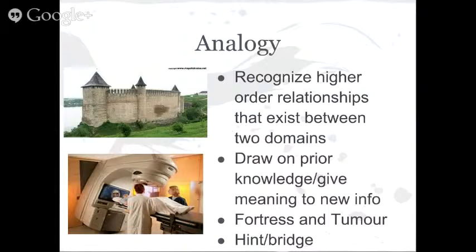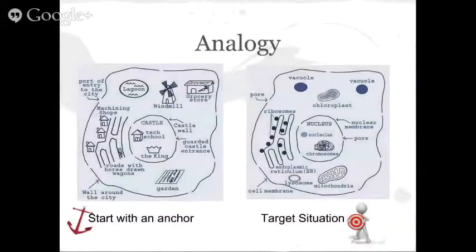So if we link that to science education at the secondary level, we can see the use of analogy with learning something like cell science. You want to start with an anchor situation, something that they know really well. In this case, we're looking at a city, so they can understand the parts of the city.